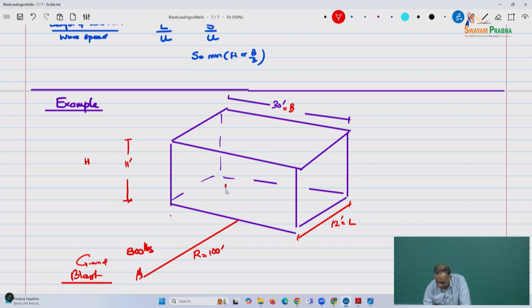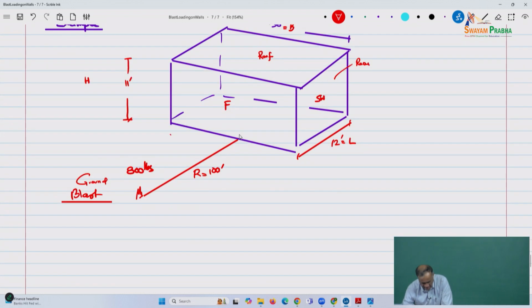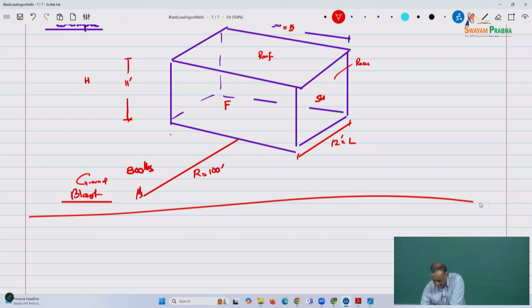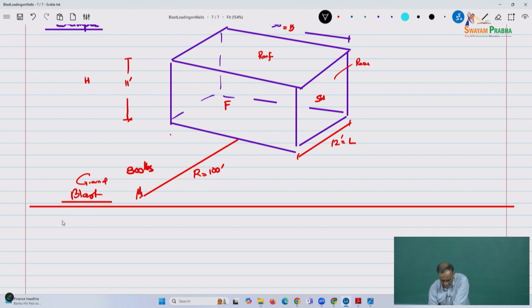So you have your front, side, wall, roof, and the rear. The question is, determine the following.